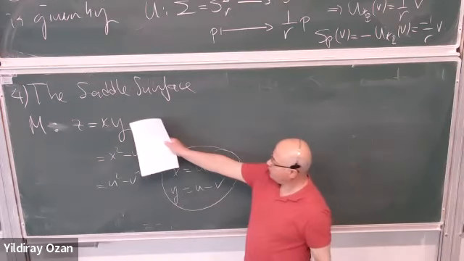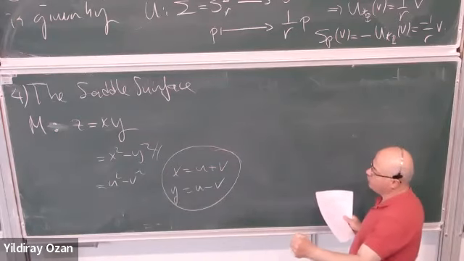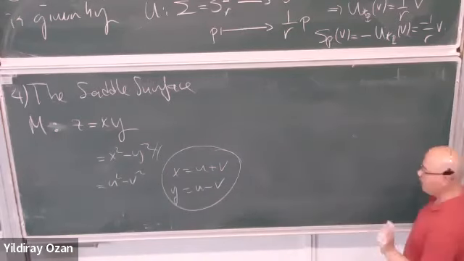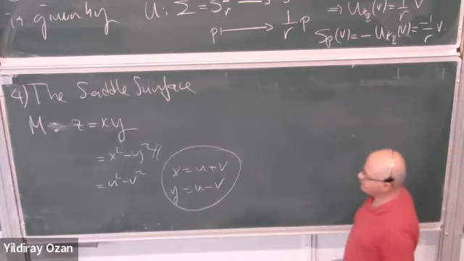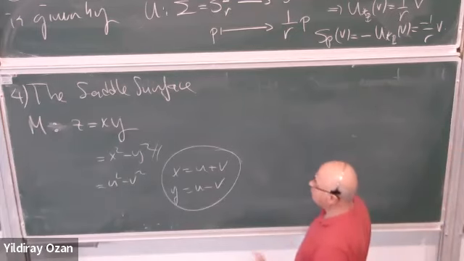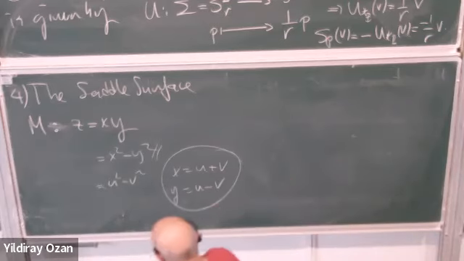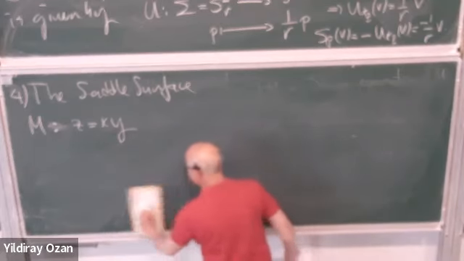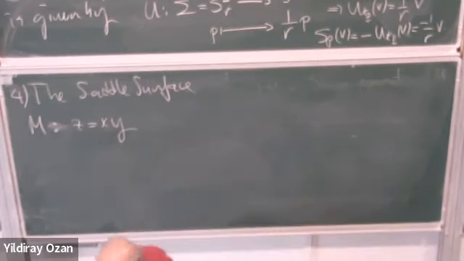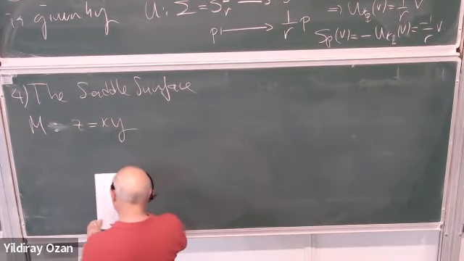Therefore, this surface and this surface are just the same surface. One of them is obtained from the other one by rotating the space along the z-axis 45 degrees. Okay. So that's the linear algebra part. So, okay, let's come back.